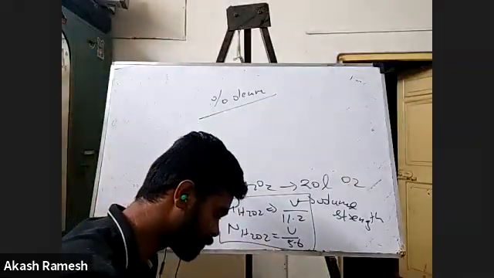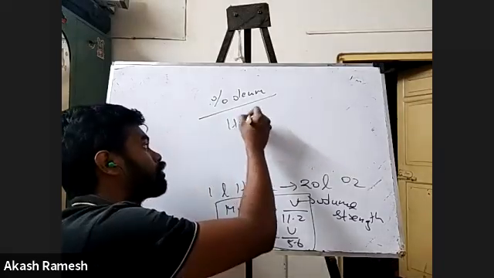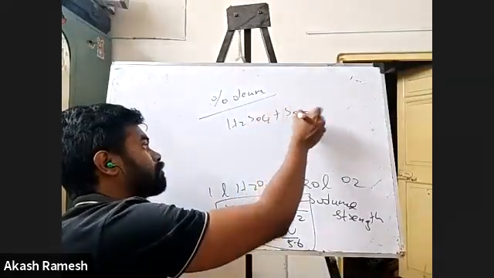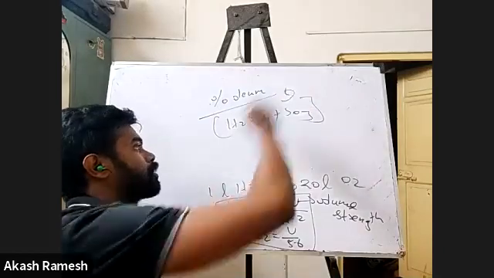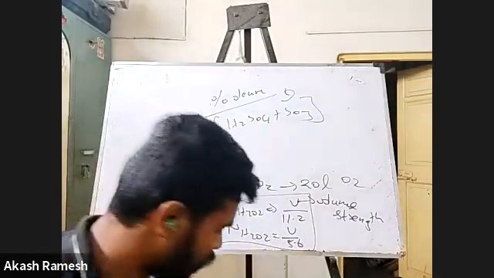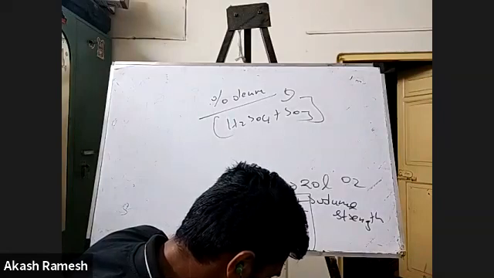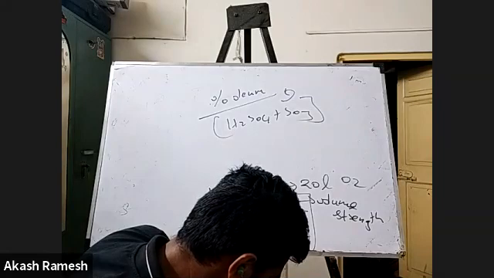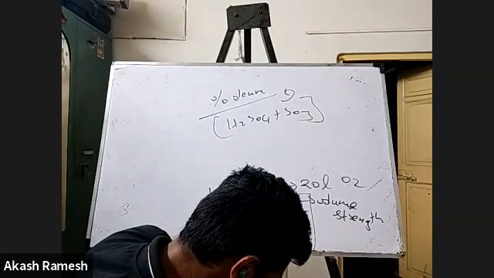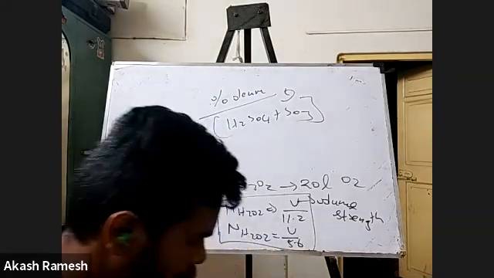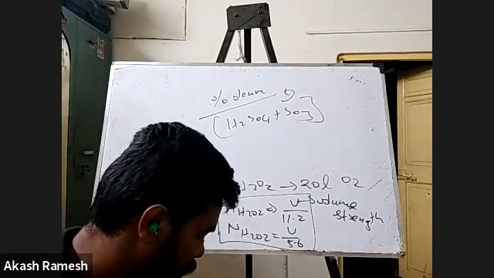Oleum is a mixture of H2SO4 plus SO3. This mixture is what is called oleum. First, I'll give you the definition. Or if I can do some calculations for you, that will be better.